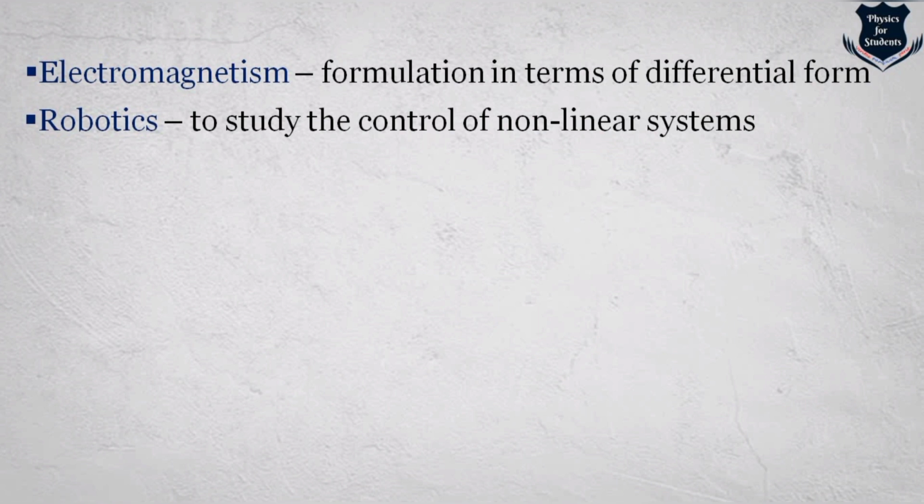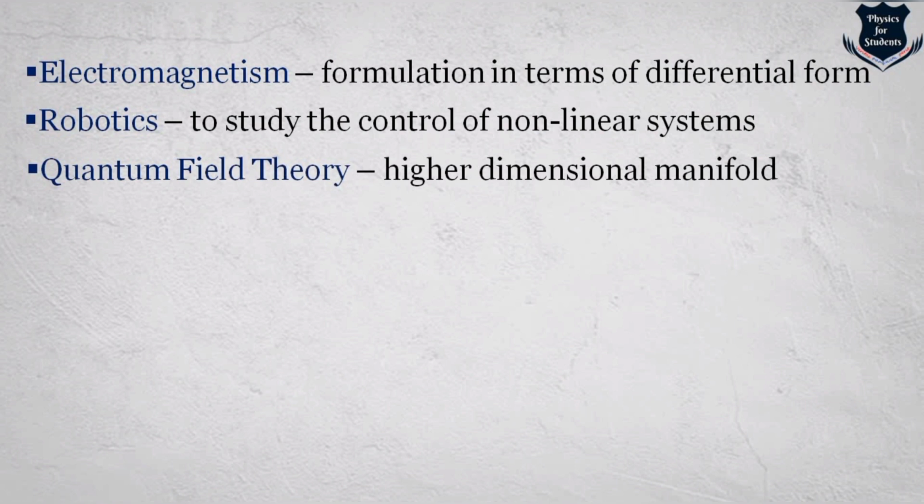In general, we draw an approximation of a nonlinear system with a linear system, but as the machines become more complicated, we use differential geometry. For quantum field theory on higher-dimensional manifolds, differential geometry becomes extremely important.